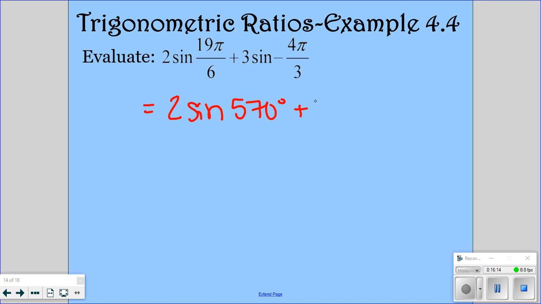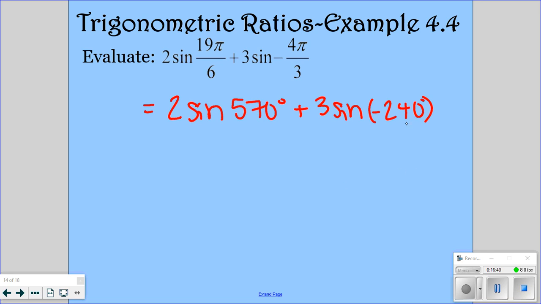And then we have 3 sine of negative 240 degrees. And so we always want it to be in between 0 and 360.